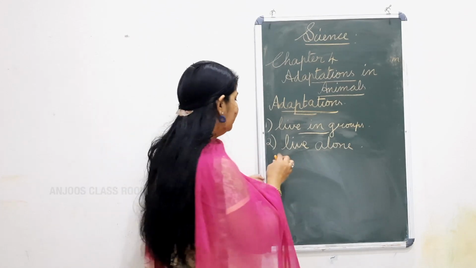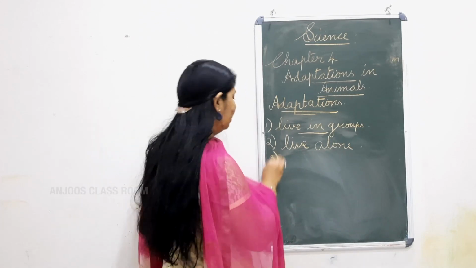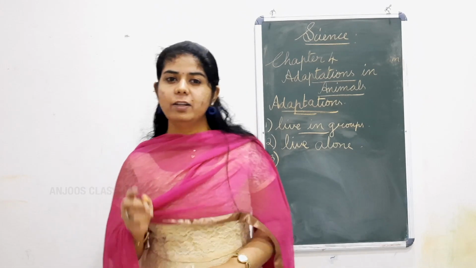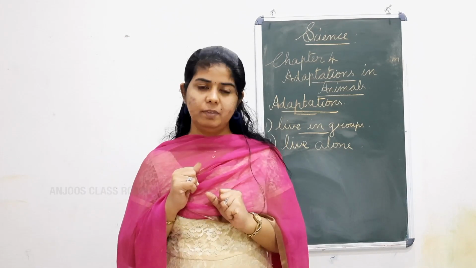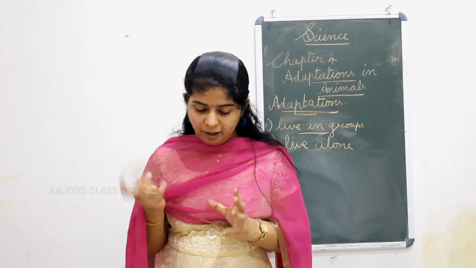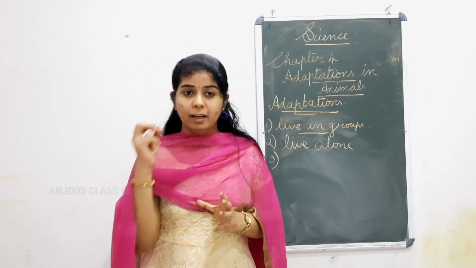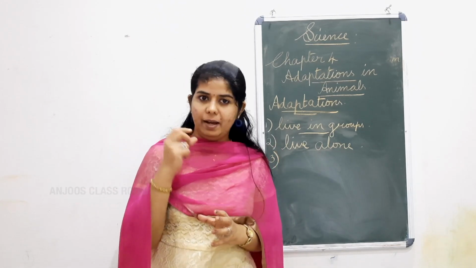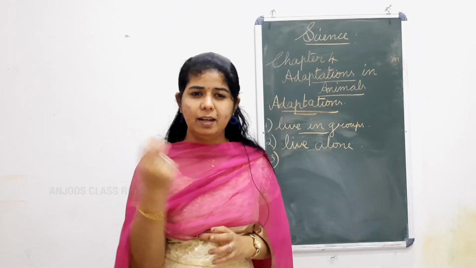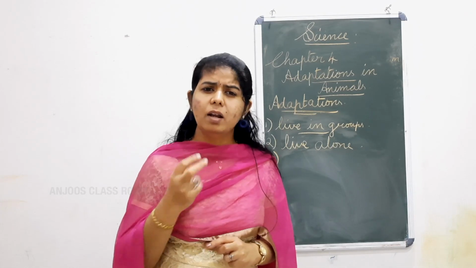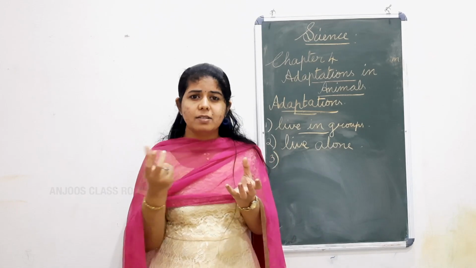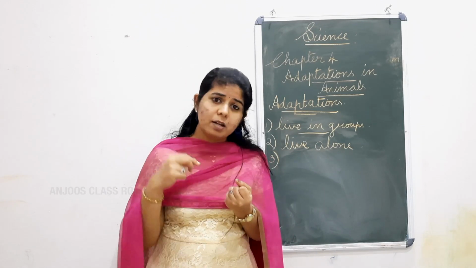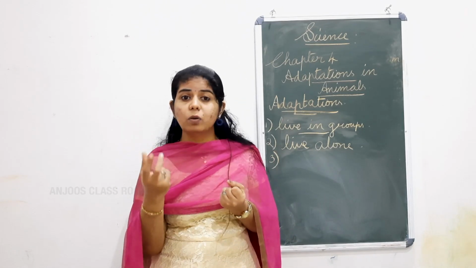Again, the third one, we are moving to a cold region, very cold areas. The Arctic regions. Yes, in those areas there are some animals. If you have seen the Animal Planet channel or Discovery channel, you would have seen the cold regions, animals like the polar bear. There are some other animals also living in the cold regions.